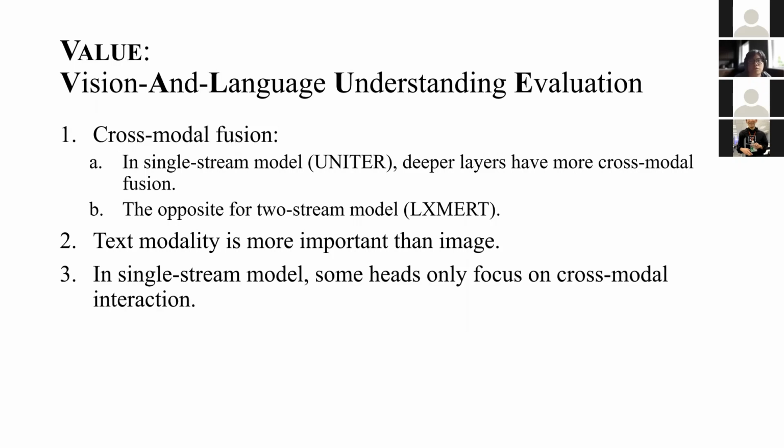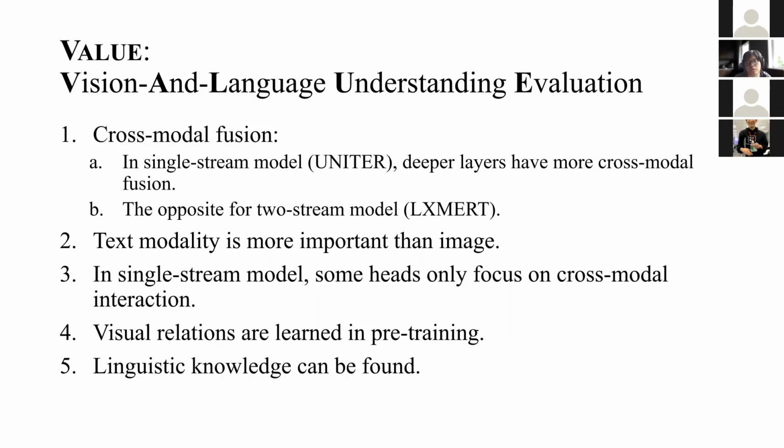Third, in single stream models, some heads focus on cross-modal interaction only. Fourth, visual relations are learned in pre-training, although we do cross-modality pre-training. Fifth, linguistic knowledge can be found, and it might actually be preserved from pre-trained BERT models since UNITER and LXMERT use BERT for initialization.